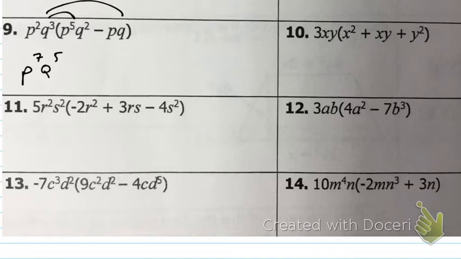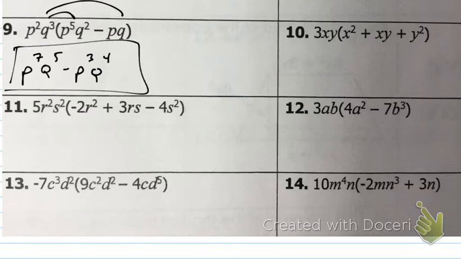I'm going to distribute to that second term, minus p to the 3rd q to the 4th. Then I'm going to make sure this is standard form. I got 12th degree and 7th degree. Perfect, 12th and then 7th. That's standard form. Why didn't I need to multiply any coefficients? Because there aren't any. They're all 1. What's 1 times 1? 1. Simple.